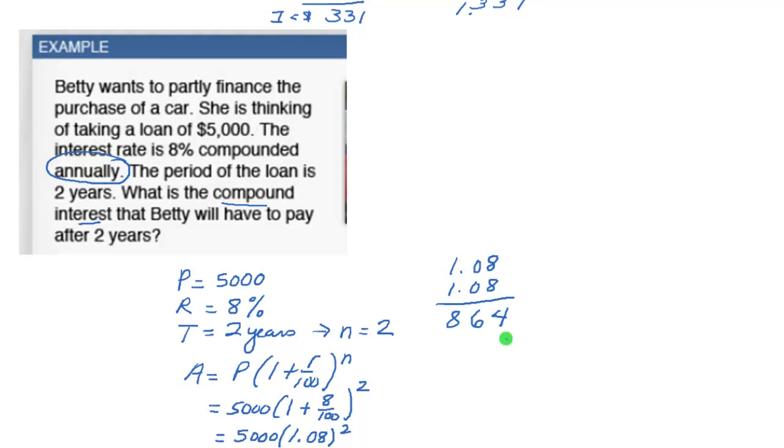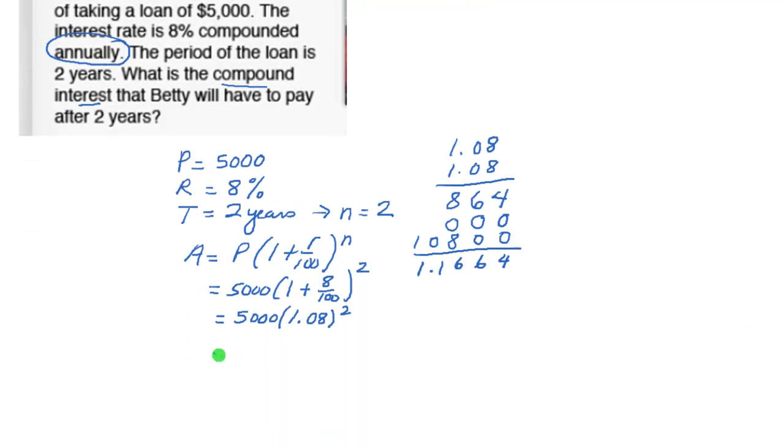Okay, so we are going to do all this, and hope that Jackie doesn't make a math error. Let's see, 1, 2, 3, 4. Okay, so I got 1.1664. That's this number squared.